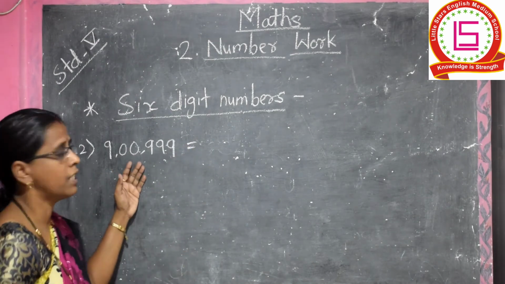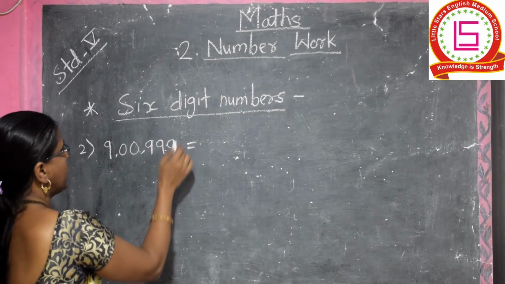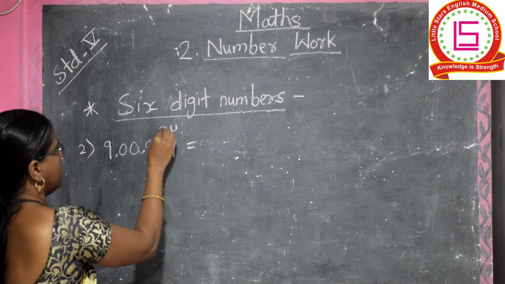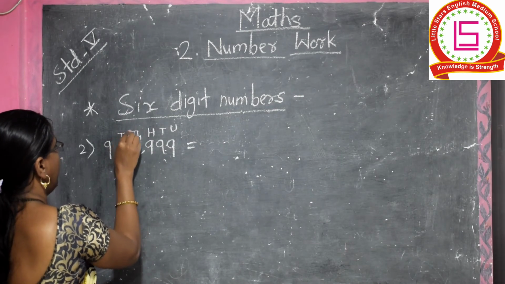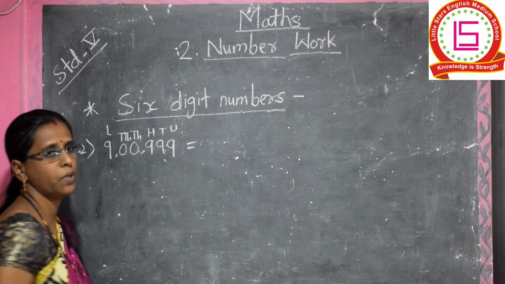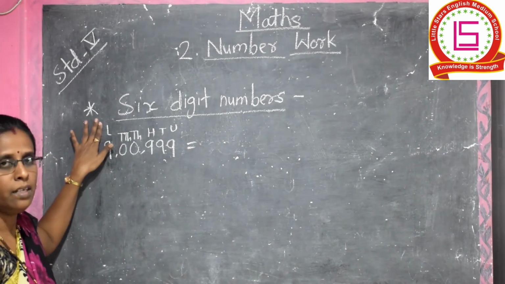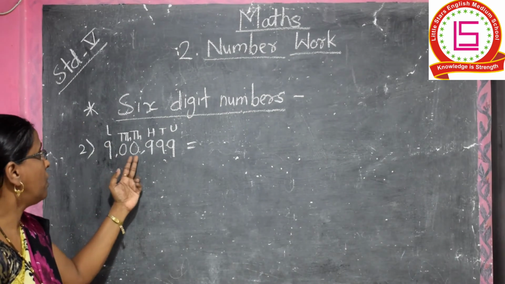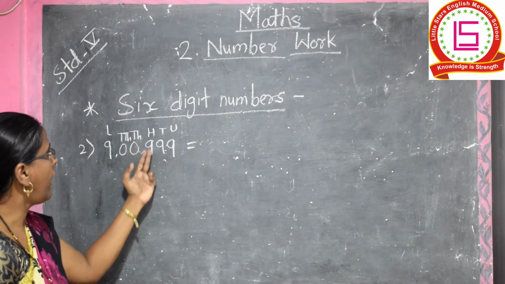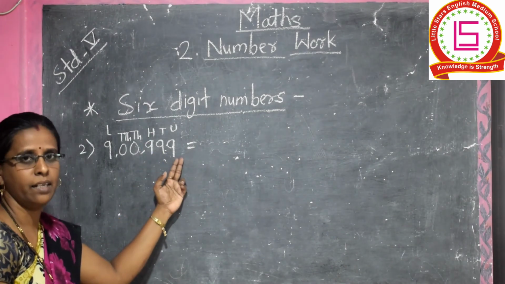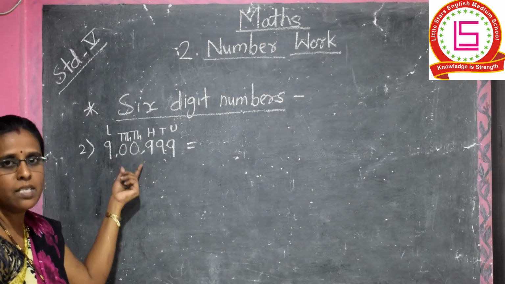See here, the second example. This is the unit place, tens, 100, 1000, 10,000, and this is lakh. We read this number as 9 lakh. At the 1000 and 10,000 places there is 0, so we don't read them.